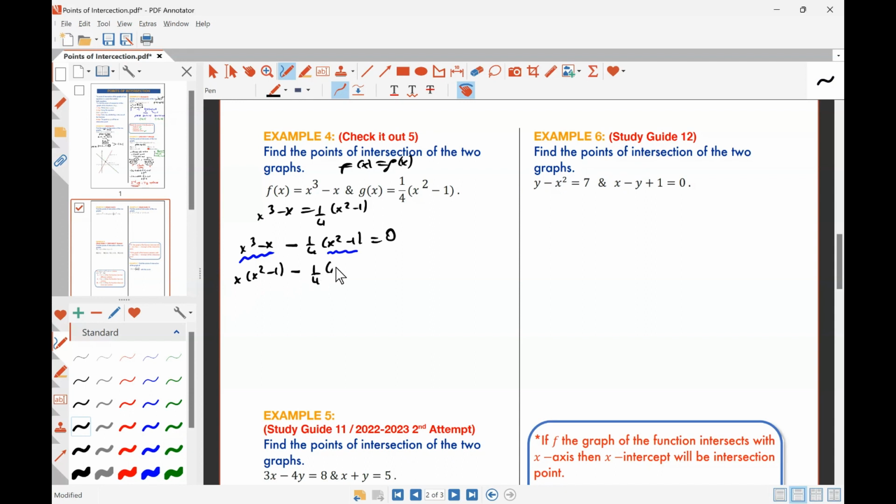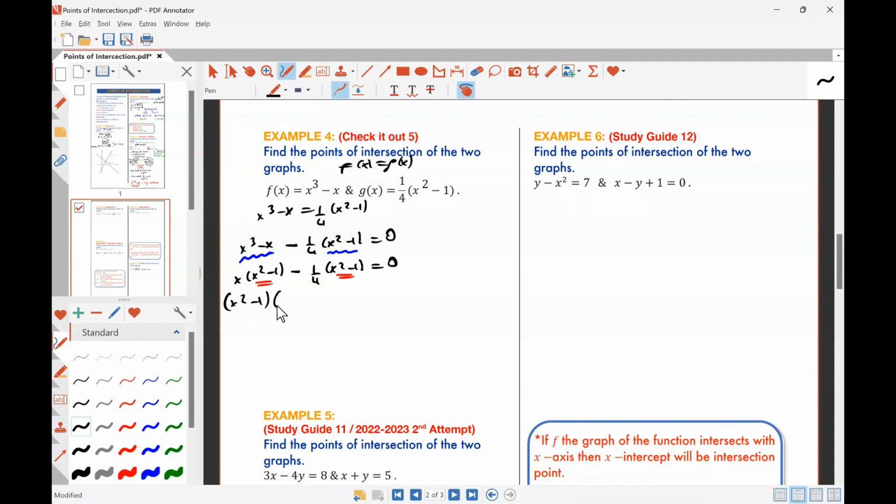Here I have x squared minus 1. So it seems I have the same factor. So x squared minus 1 is same as here. So why don't I take this common out as I did here? There is subtraction between them. I have a common factor, so I can take it out. So take x squared minus 1 out.